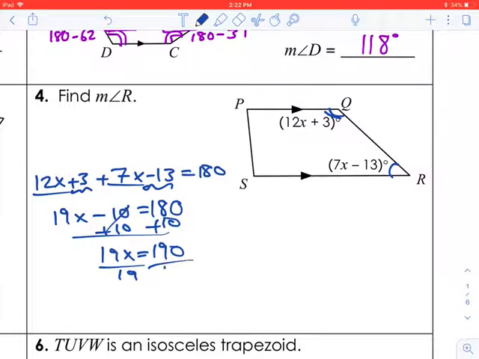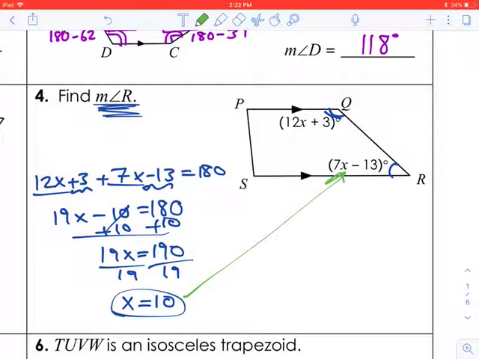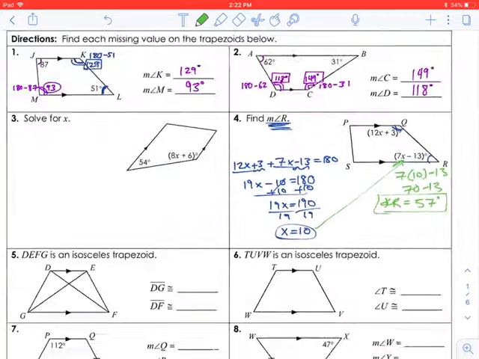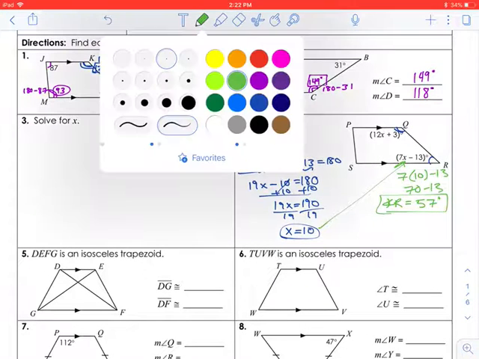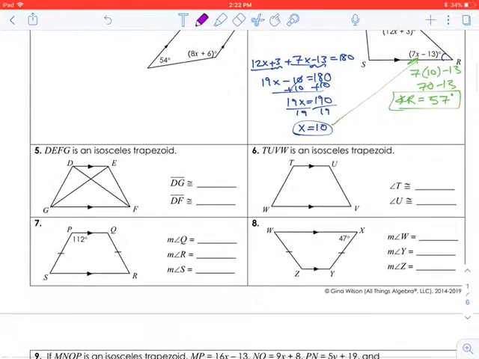When I divide by 19, I get x equals 10. Well, x equals 10 wasn't what we were looking for. It said find the measure of angle R. So I would just take that 10, plug it into angle R, and when I do so, I get 70 minus 13, which gives me 57. So angle R equals 57.